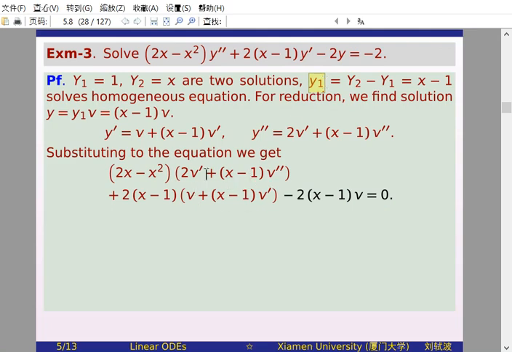So we consider the corresponding homogeneous equation by the method of reduction of order. Introducing a new unknown function v and substituting into the homogeneous equation, we get this equality.